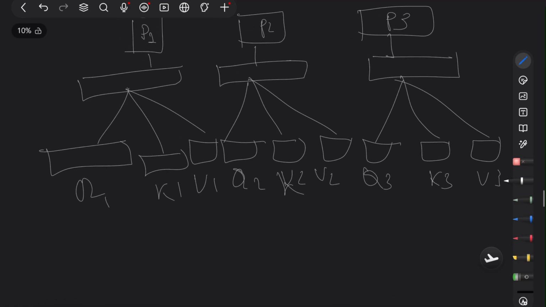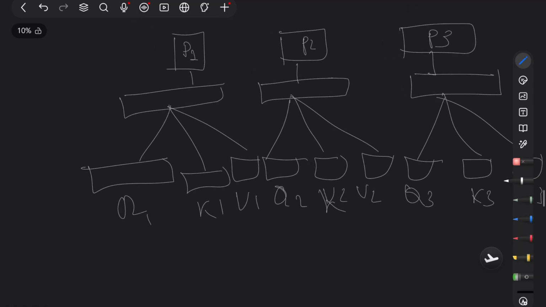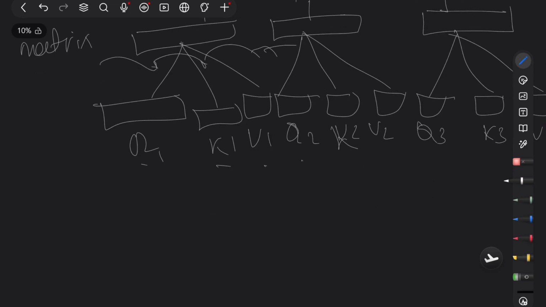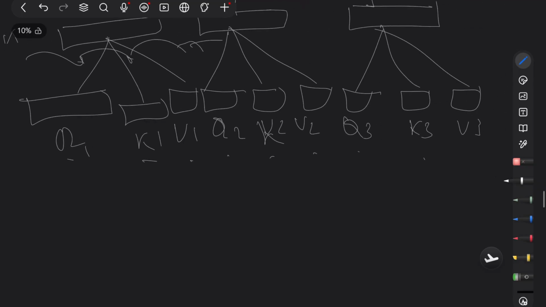You need to understand that the transformation matrices that we are using here are the same. Why the same? To make the process computationally efficient and cheap. So these are q1, k1, v1, q2, k2, v2, q3, k3, v3.